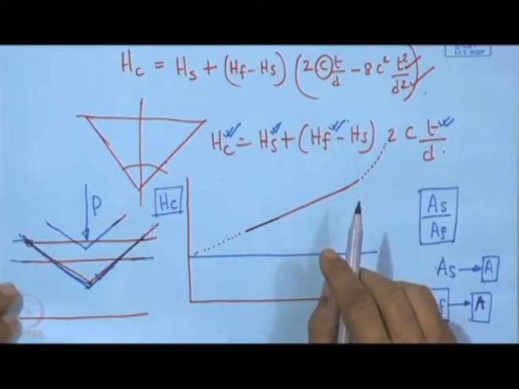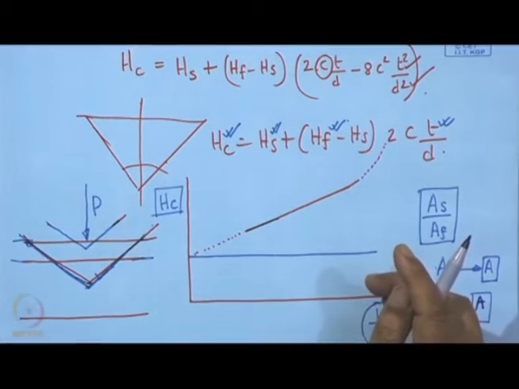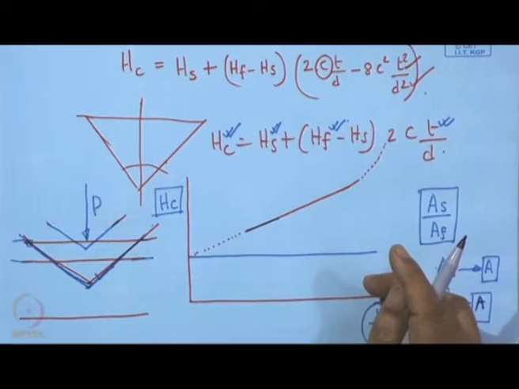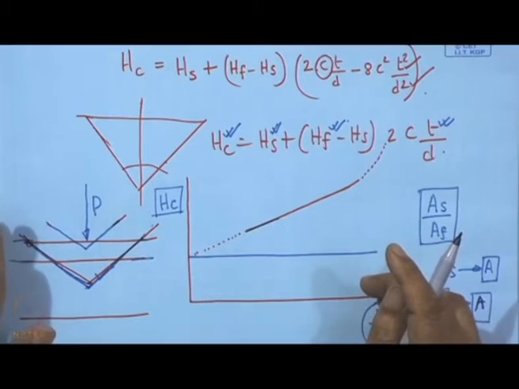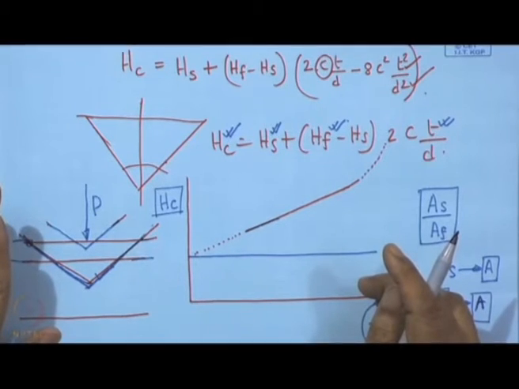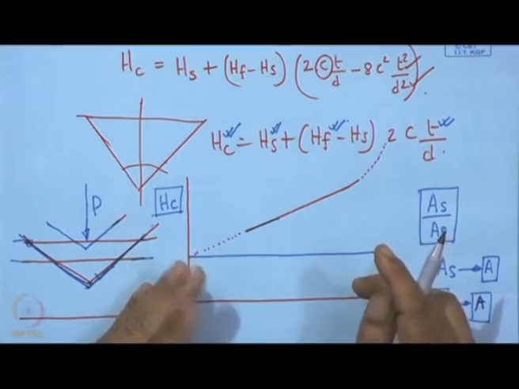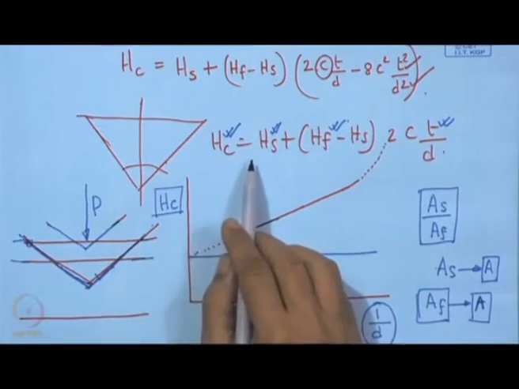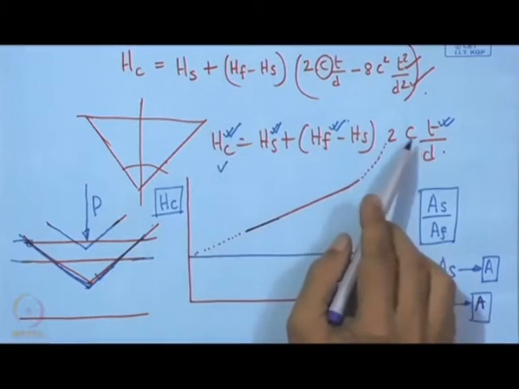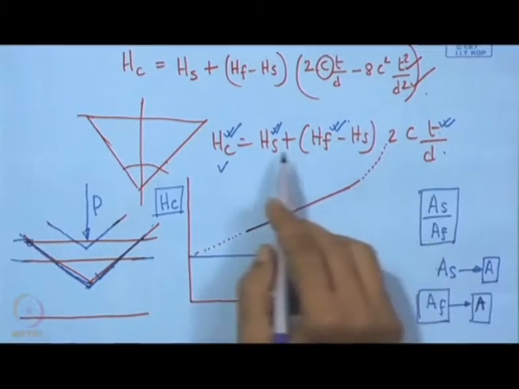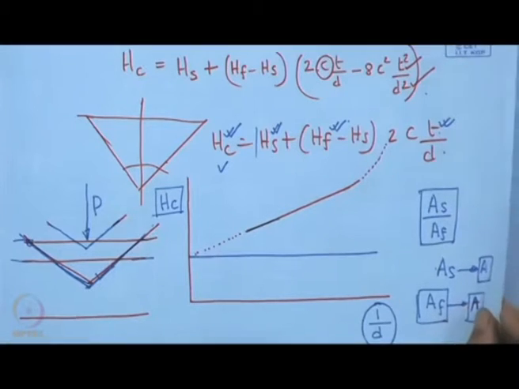So, this is one way of handling the problem, and this is actually the area law of mixture, and this area law of mixture can be utilized in this case for assessing the hardness. So, we can measure Hc, and from this, knowing the value of T and D, and Hs is known, we can determine the value of Hf.